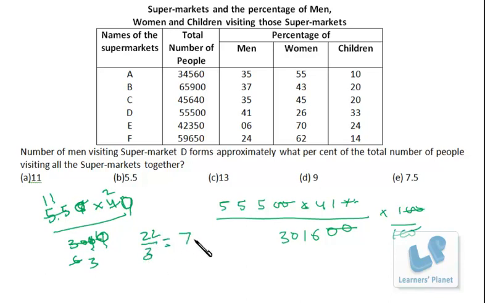So 3 sevens are 21, 1 and that is around 0.3. So 7.3% is the correct choice. That means around it will be 7.5%. Okay, I'm sure you are getting me. Since we are approximating numerator and denominator both as downside, the approximation effect is nullified, right?